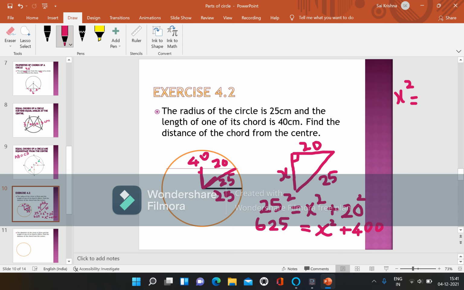When we transpose the number, the sign changes. So plus 400 becomes minus 400. So 625 minus 400 is 225.